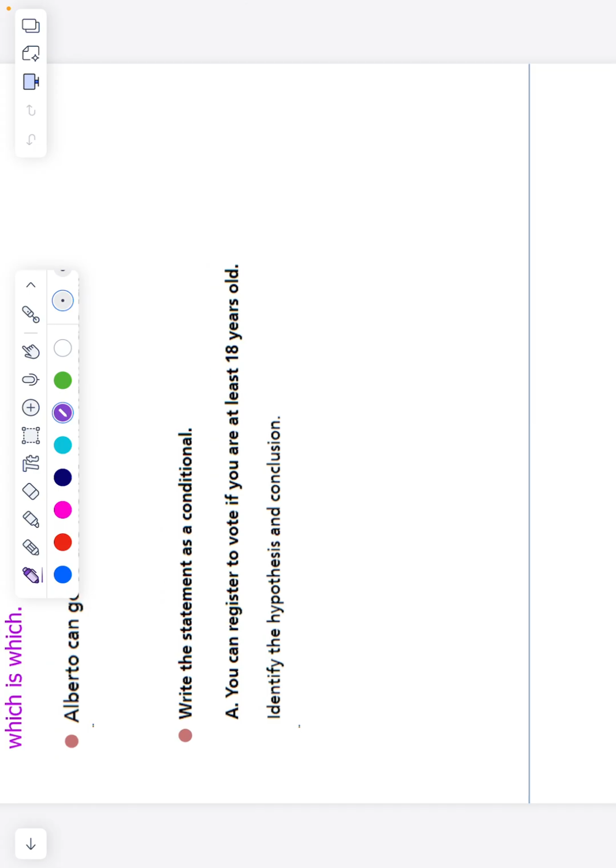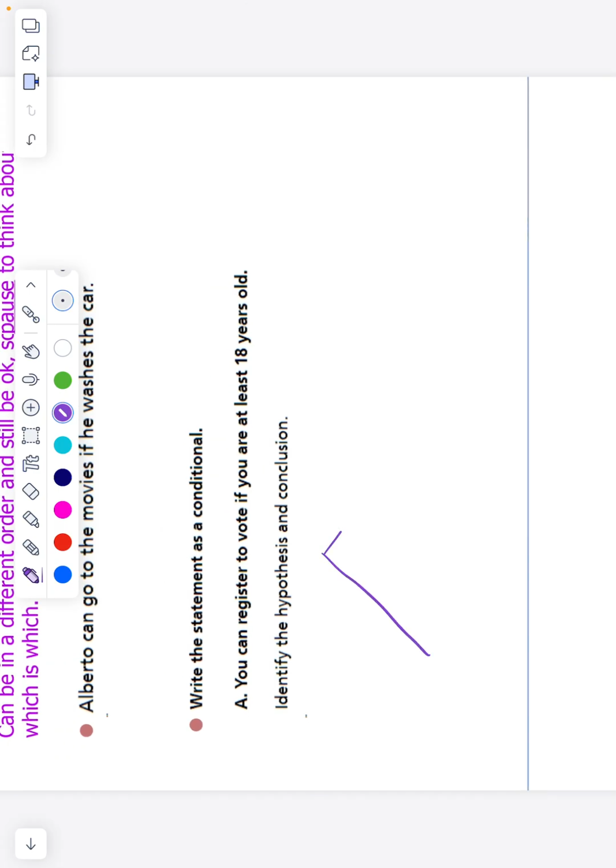In terms of some of our theorems, let's just do a quick review. If I have a triangle, what is true about those three angles in the triangle?